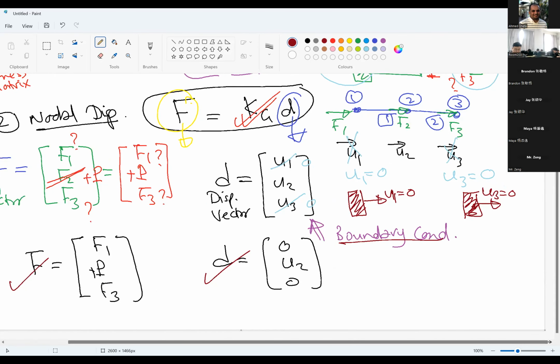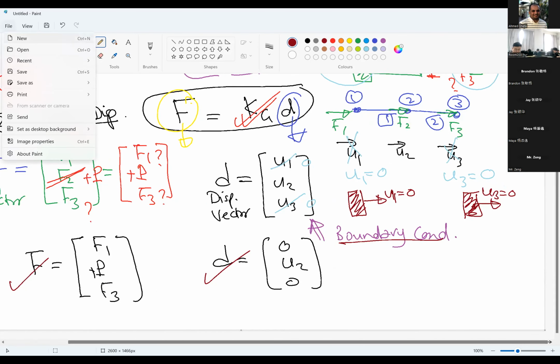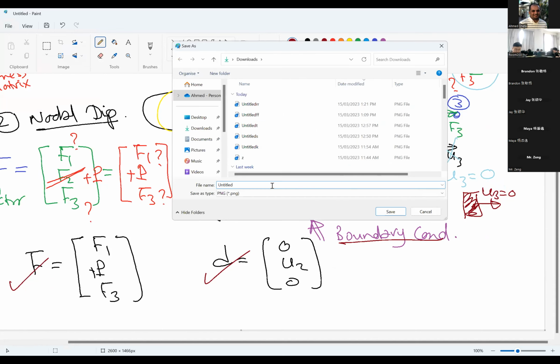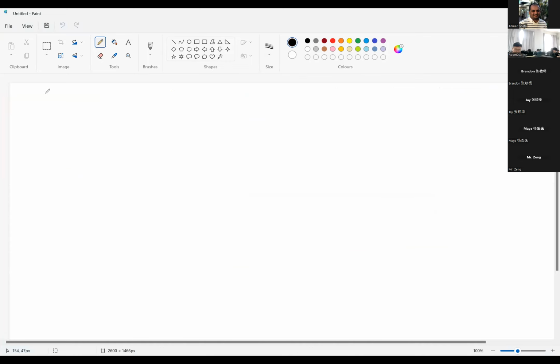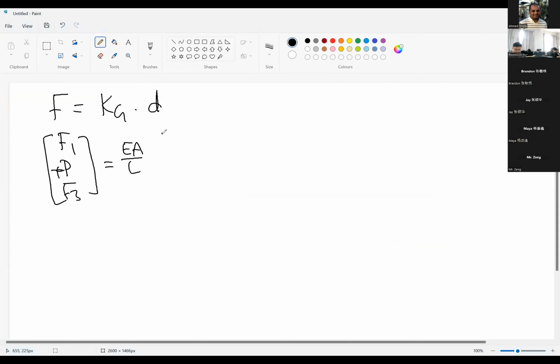Now, the last step. After we get all this, we apply in the equation F is equal to K times D. So we have F1, B, and F3. For K, we have EA by L times the matrix 2, negative 2, 0; negative 2, 3, negative 1; 0, negative 1, 1.